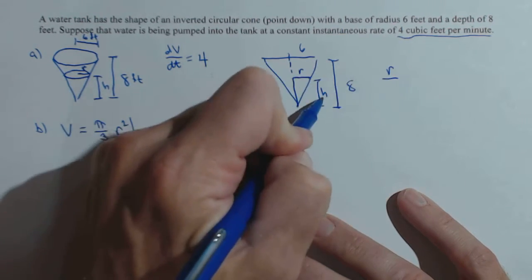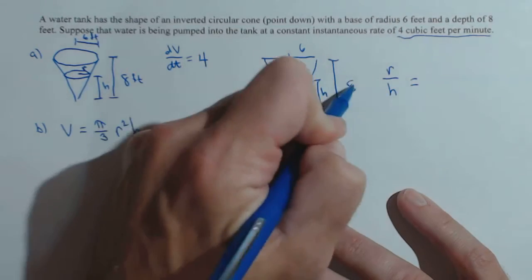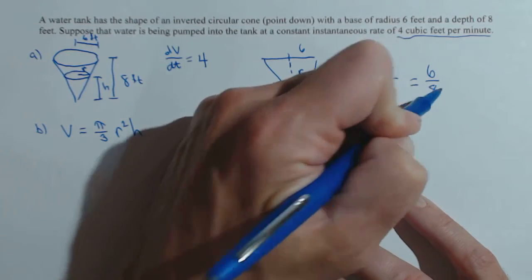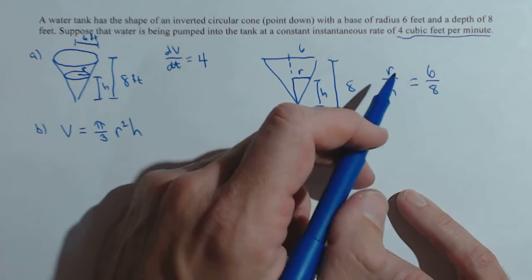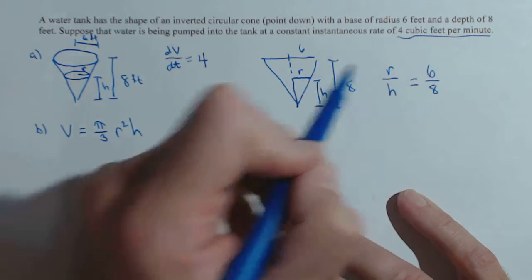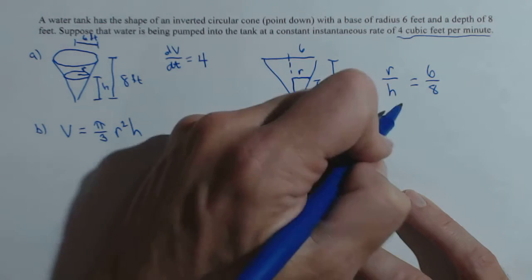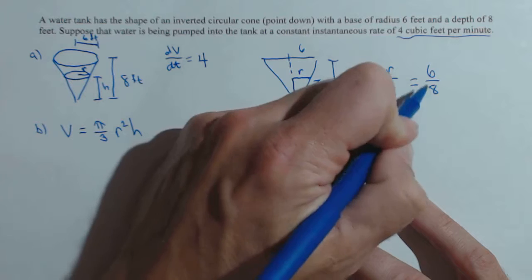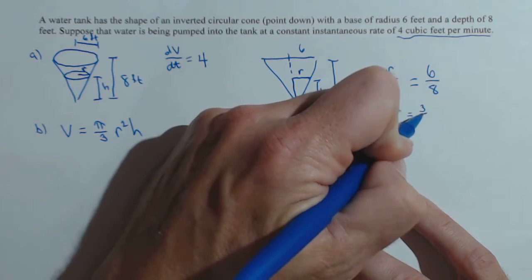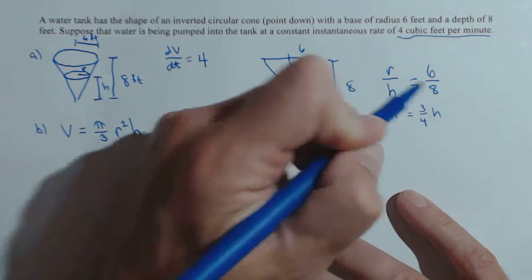For instance, r is to h as 6 is to 8. Now this is something we can solve for either r or h. In this case, I'm going to solve it for r to get this all in terms of h. So r equals, multiplying both sides by h, and this can reduce down to 3/4 h.